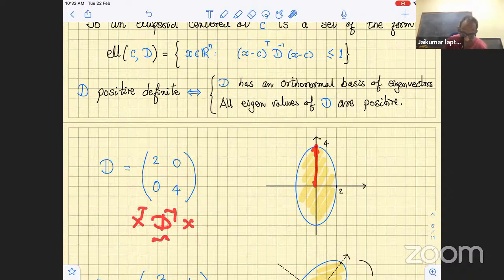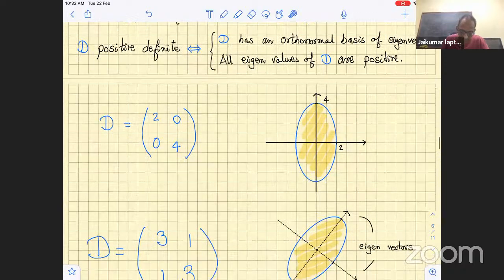The answer is that in this direction, it is this number 4, and in this direction, the number is 2. So the diagonals of the D that arises in this, they are actually half the lengths of the major axis and minor axis of the ellipse.